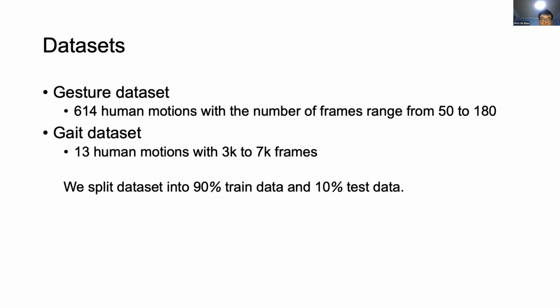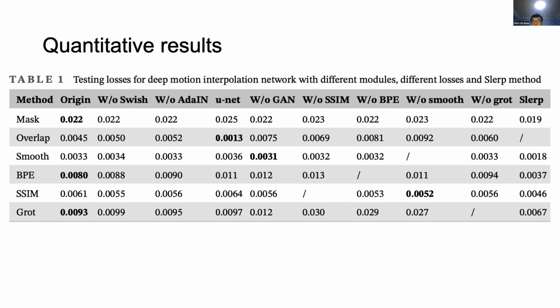And for this experiment, for quantitative comparison, we fix the number of interpolation frames to 30. We could also use AIN to predict the number of frames. And I'd like to show the quantitative results. We compare our inpainting network with slerp, and table 1 summarizes slerp and ours for quantitative comparison.